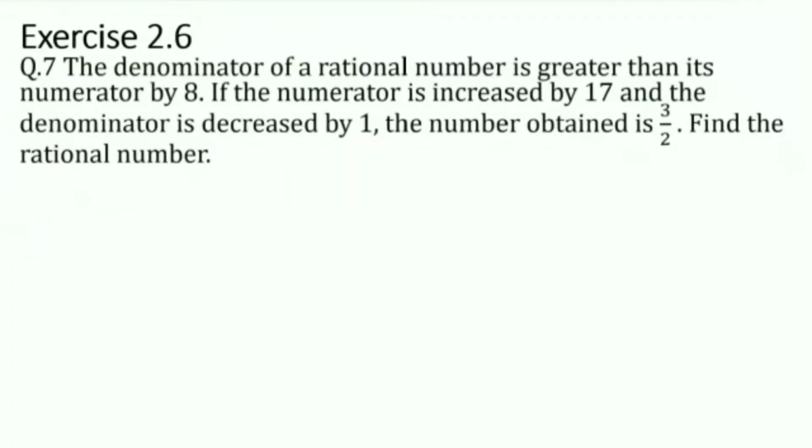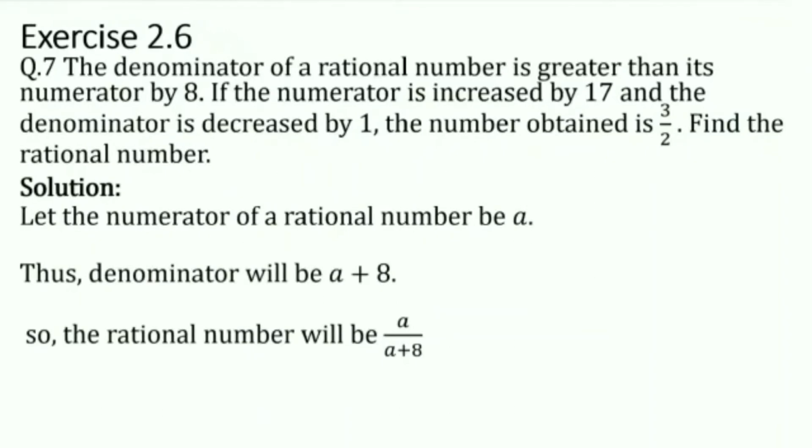Now problem sums. The denominator of a rational number is greater than its numerator by 8. If the numerator is increased by 17 and the denominator is decreased by 1, the number obtained is 3 upon 2. Find the rational number.